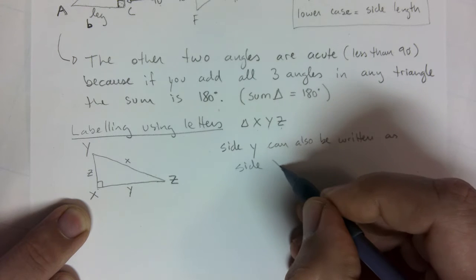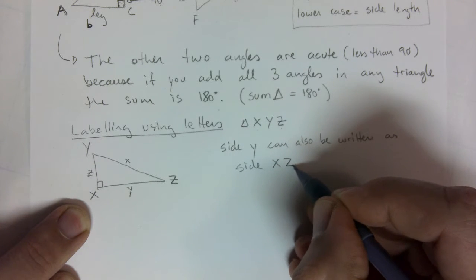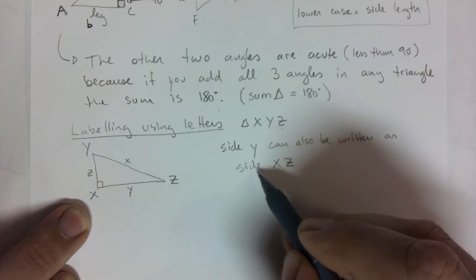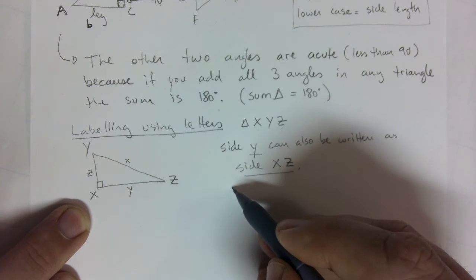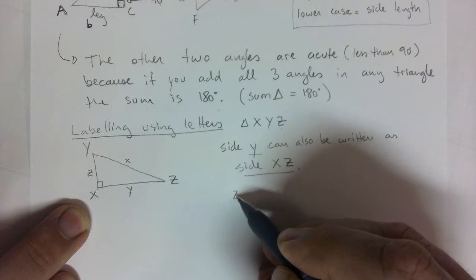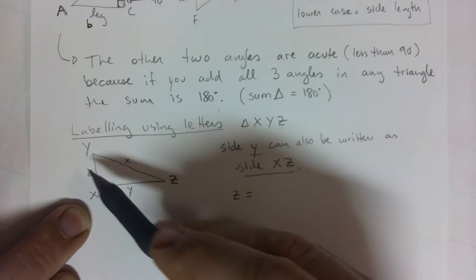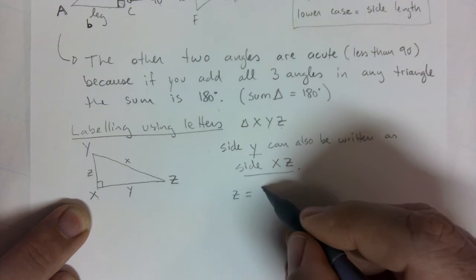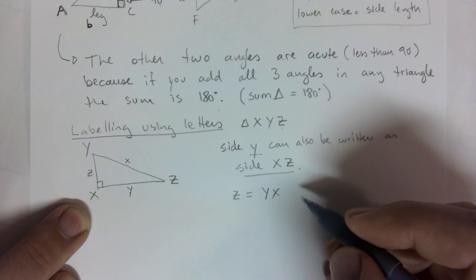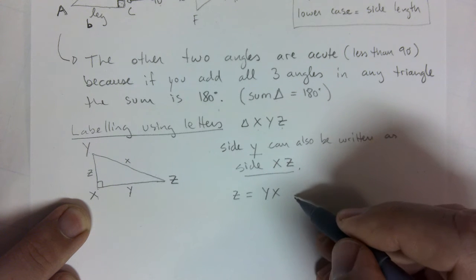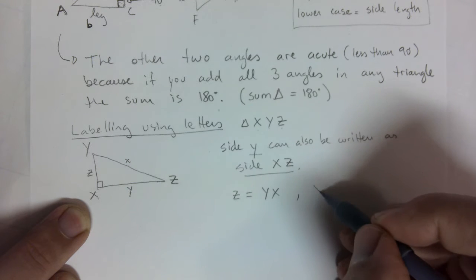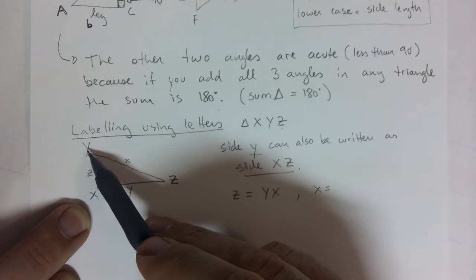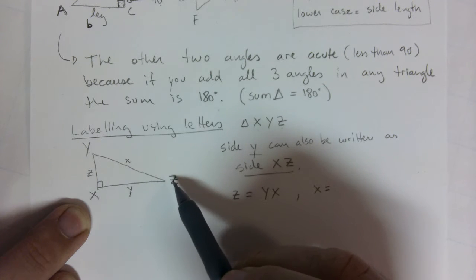So we use the capital letters like this to refer to y as side xz, right? So therefore, side z is also equal to yx or xy. Side x here would be equal to side yz or zy.